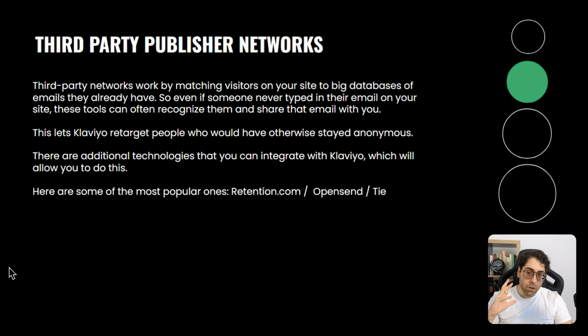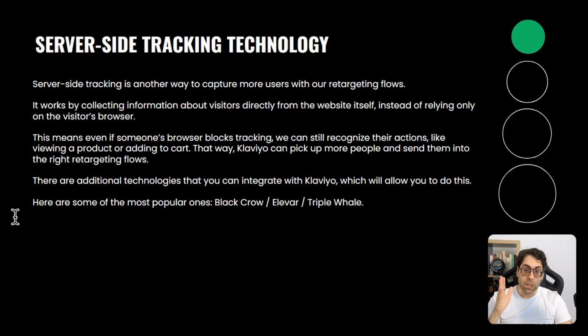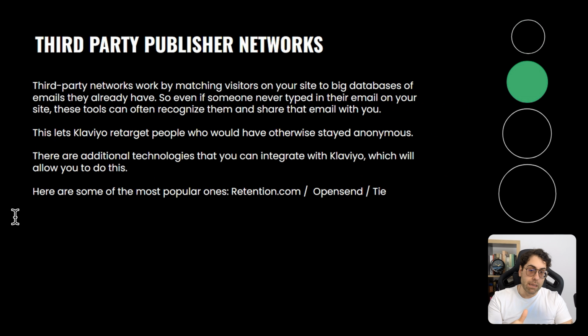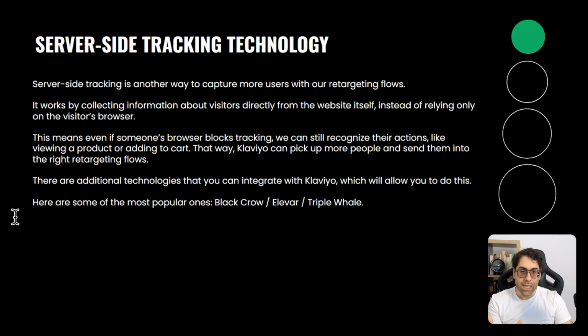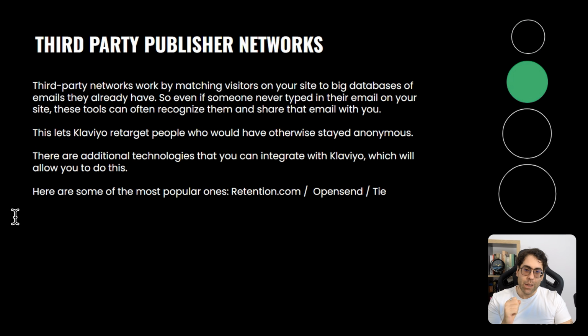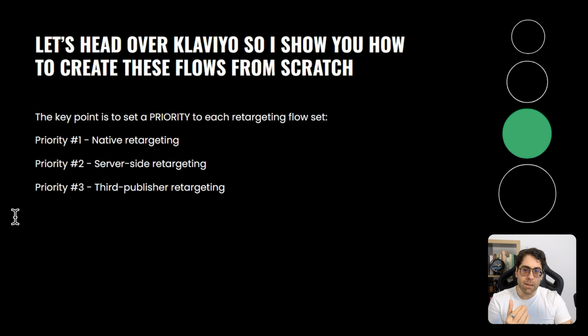But the complexity and difficulty comes because, again, it's difficult to set this up on top of this, or to set multiple technologies like this at the same time. And the trick is actually fairly simple. What you need to do, and I'm going to show you how to do this, is create a prioritization system where you have your native metrics firing first, then your server-side technology firing second, and then your third-party publisher technology firing last.